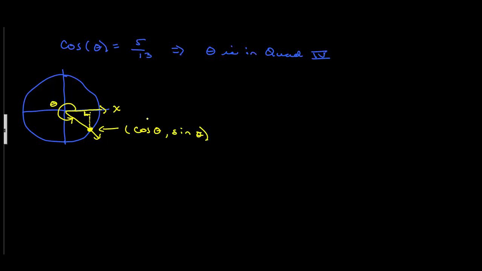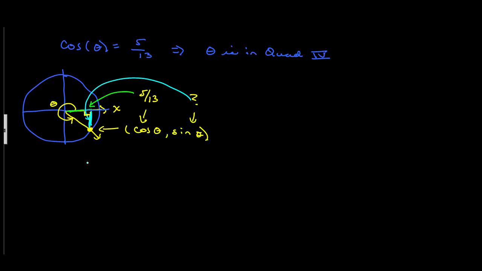So we know that its x-coordinate is 5/13. By the way, that's this length right here, this length in green, that's 5/13. The length here in blue, we don't know, but that's what we want to know.